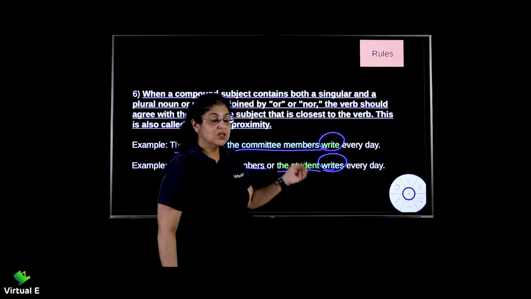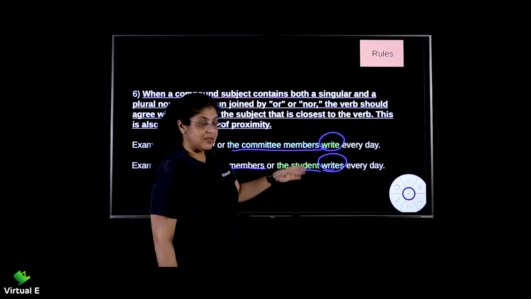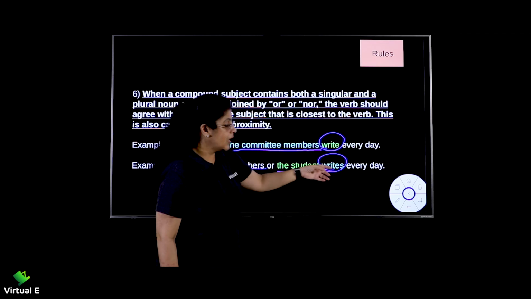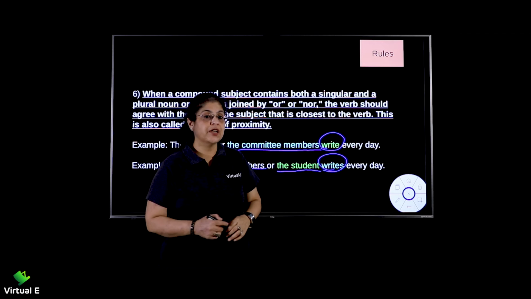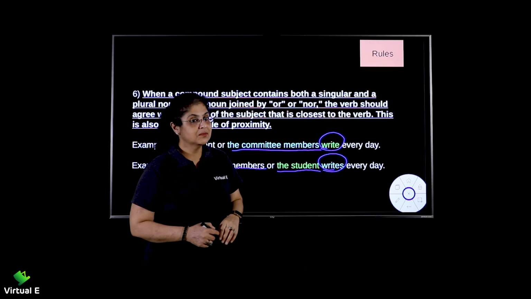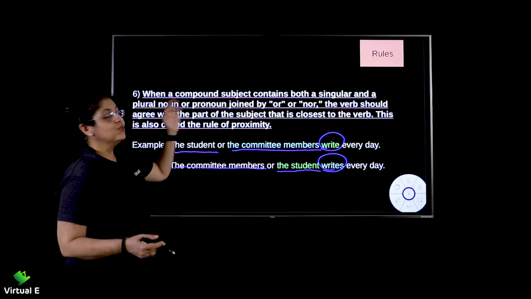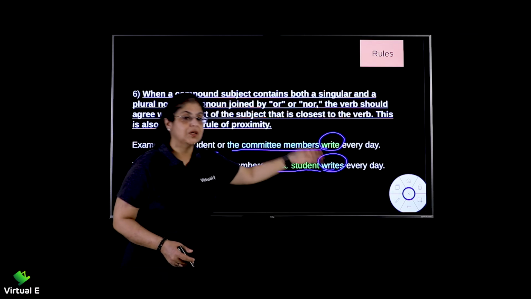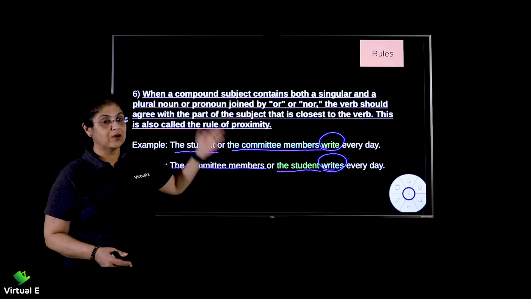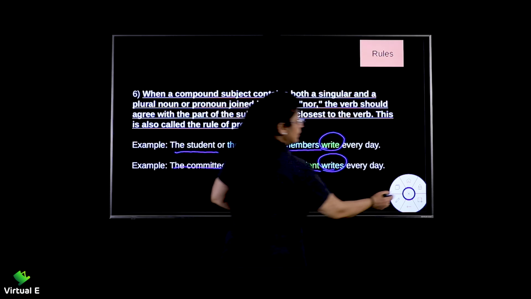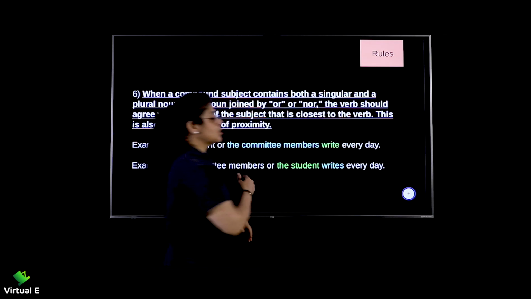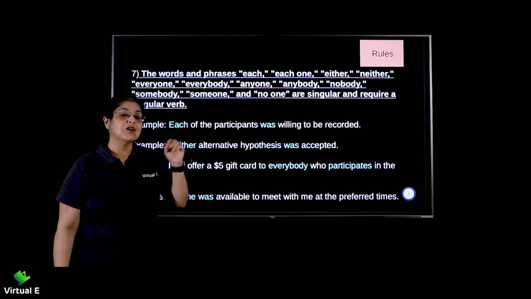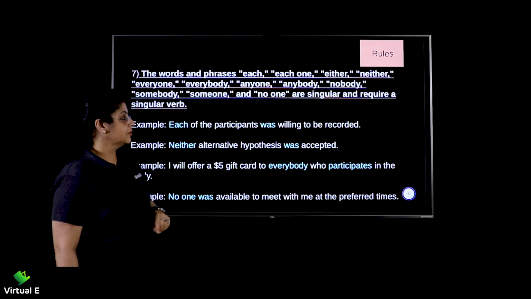Because the subject, the noun is singular, our verb also changed to singular. Simple, isn't it? So, if you have a compound subject connected by or or nor, whatever noun is closest to the verb, the verb will agree according to that noun, right?